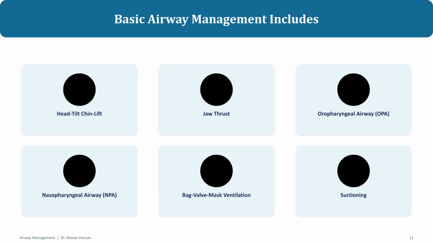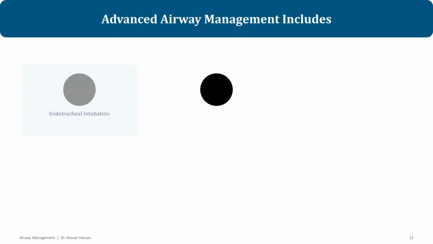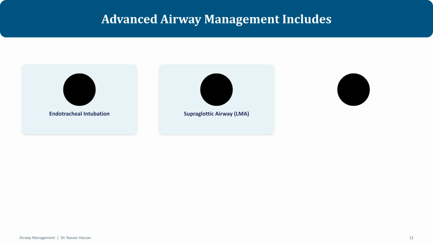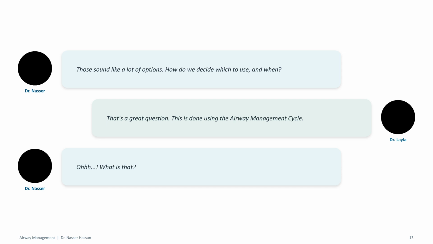Basic airway management techniques include head tilt chin lift, jaw thrust, use of oropharyngeal and nasopharyngeal airways, bag valve mask ventilation, and suctioning. Advanced airway management encompasses endotracheal intubation, supraglottic airways like the LMA, video laryngoscopy, surgical airways, and rapid sequence intubation. These are many options.